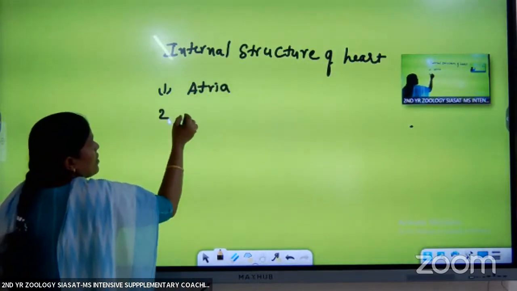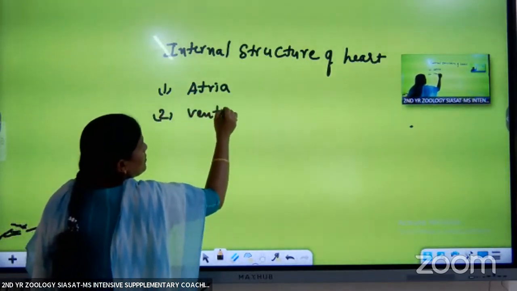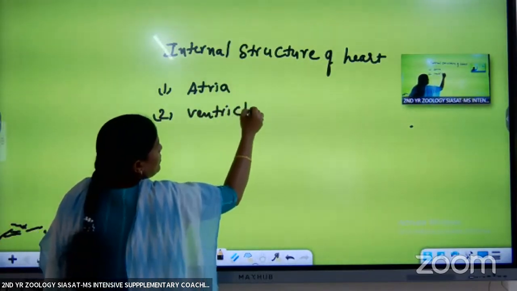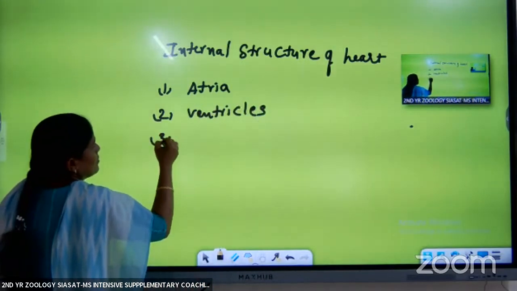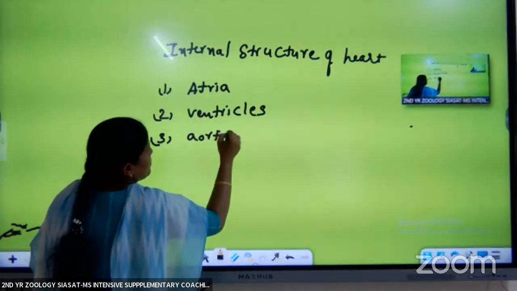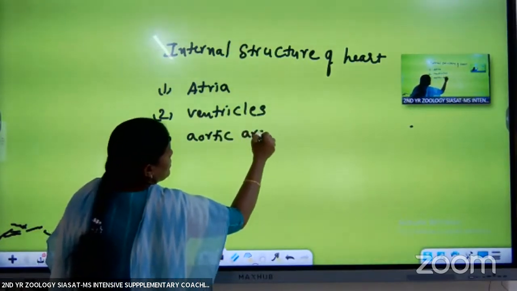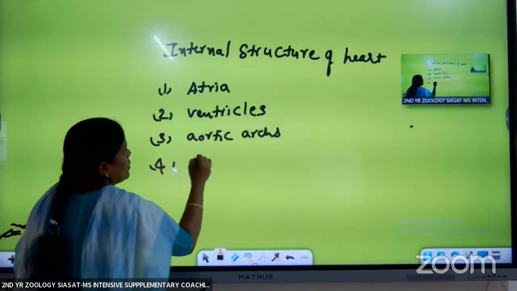Next, second is the ventricles. Fourth, nodal tissue.